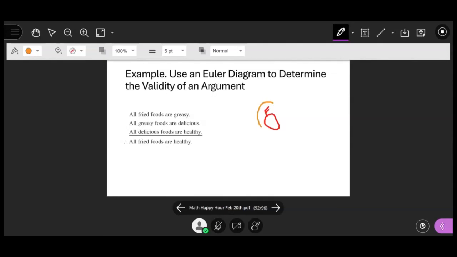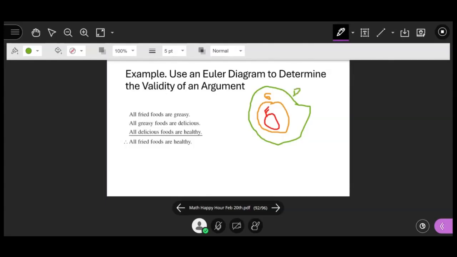And since all fried food are greasy, that means that the fried food has to go inside. So that's my greasy. And then all greasy foods are delicious. That means we have to draw another circle. And since all greasy foods are delicious, that means that my delicious circle has to be around the greasy food. So this is my delicious circle.